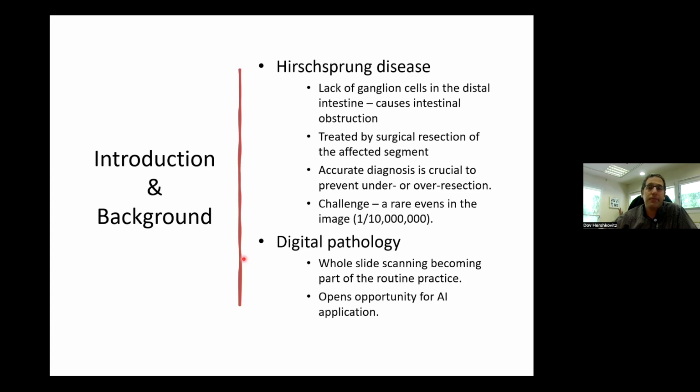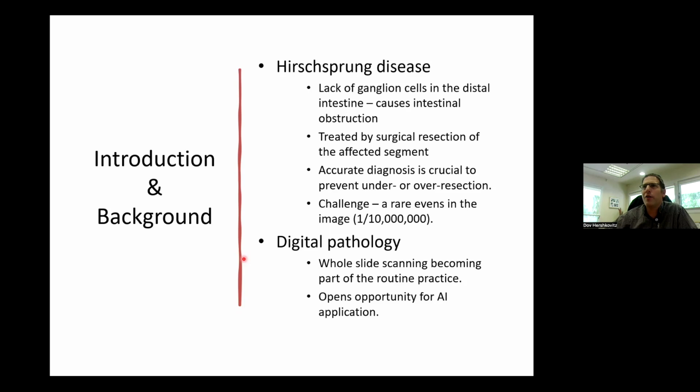About 8 years ago, we moved from looking with a microscope at glass slides to whole slide scanning, and they are becoming the routine in many pathology labs all around the world. And this really opened the opportunity for applying AI to image analysis.